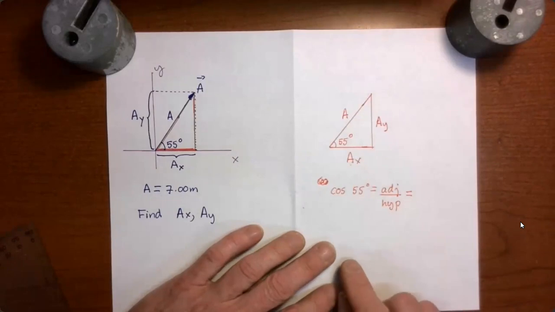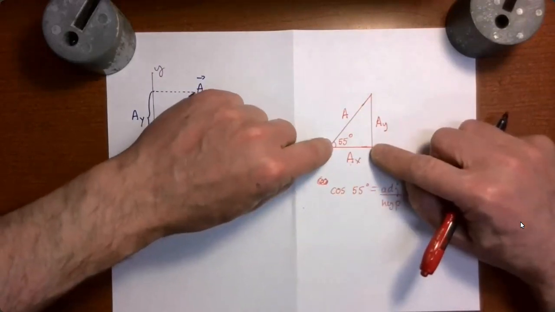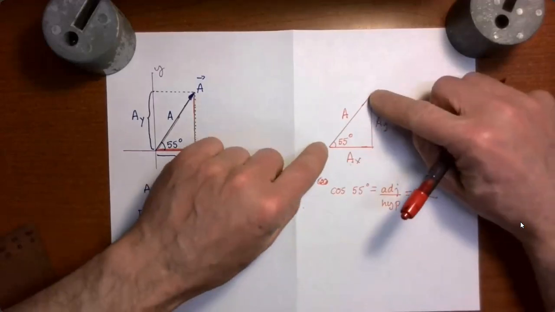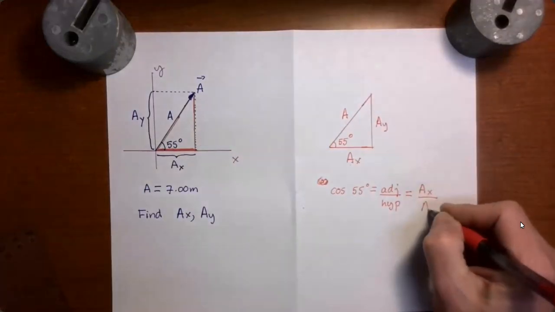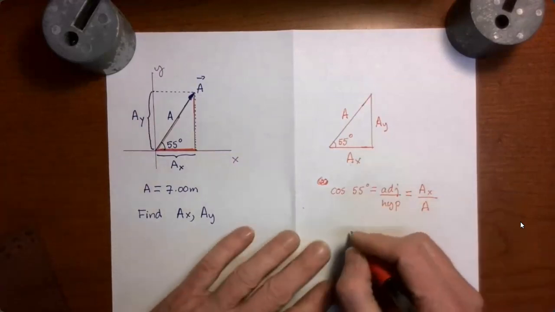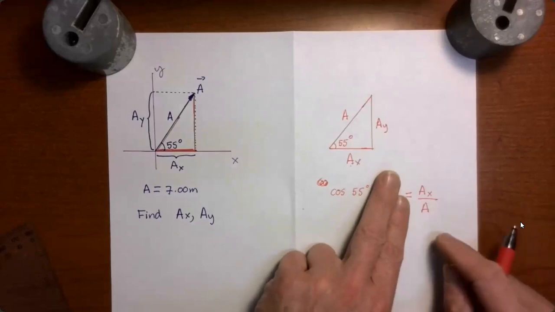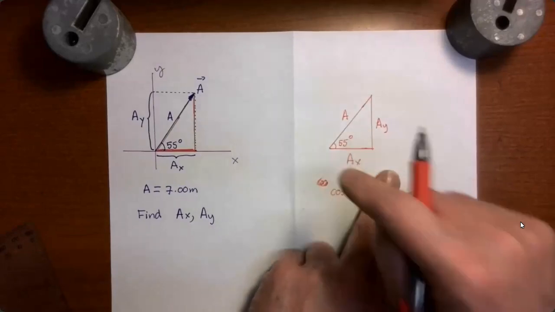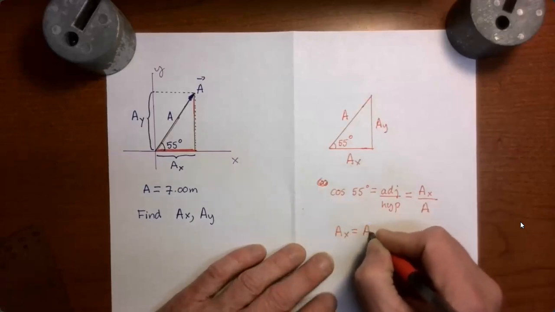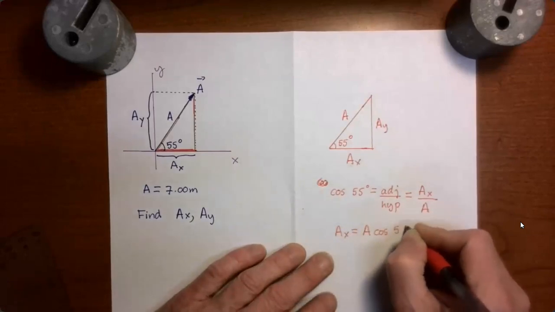And for this triangle, the length of the adjacent side is A sub x. The length of the hypotenuse is A, same as the magnitude from back here. So if I want A sub x, I just ignore that part in the middle, take the A from down here, move it up to here, and I get A sub x equals A cosine 55.